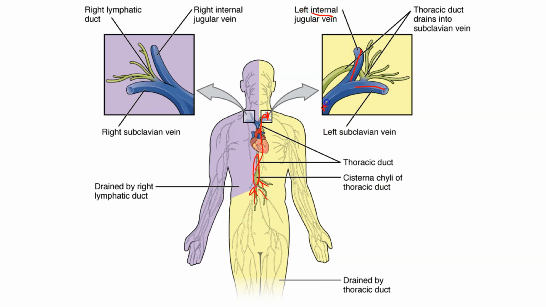Here would be the brachiocephalic vein, and right here is the subclavian vein, and right past the internal jugular vein is where these ducts enter on both the right and the left side. Then the lymph can rejoin the cardiovascular system, and ultimately no fluid is lost on net out of the cardiovascular system, which is good because you don't generally want to lose fluid out of your cardiovascular system.